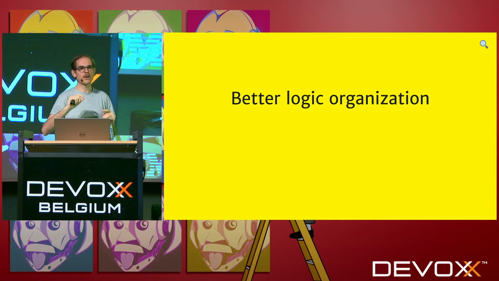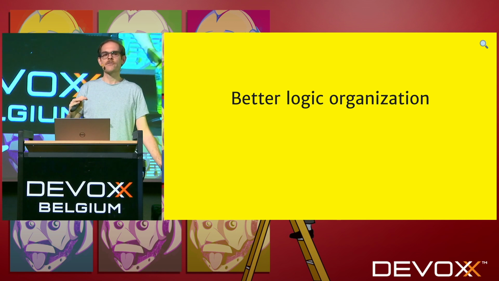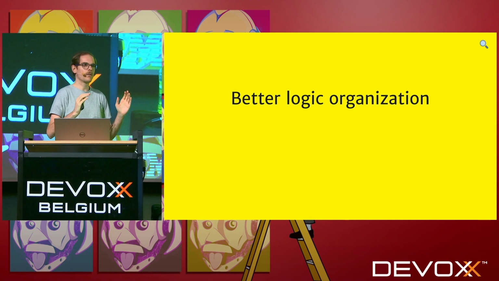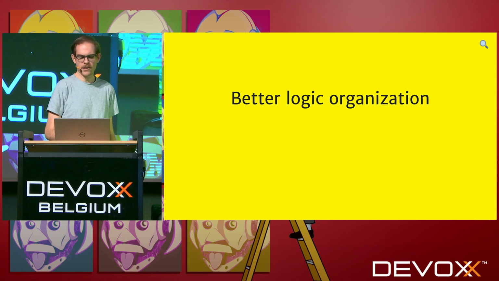And then in componentWillUnmount, you would have the removal of the listener. So basically, instead of grouping your code by features, you were grouping it by the moment that they happen to run in the component lifecycle, which is not really good for maintainability. You could really end up with some big components.